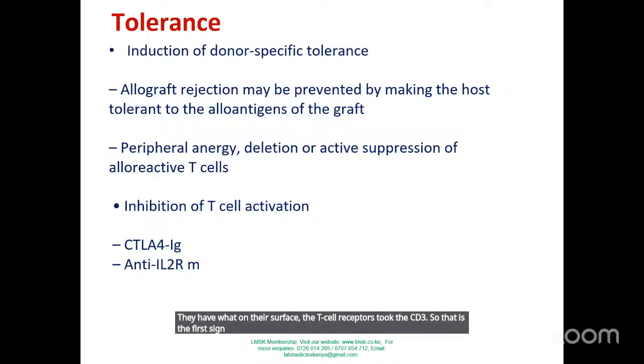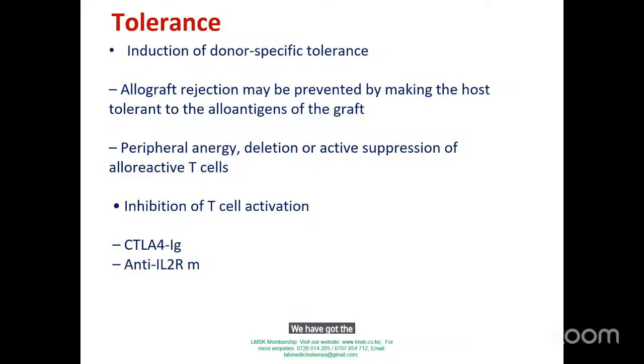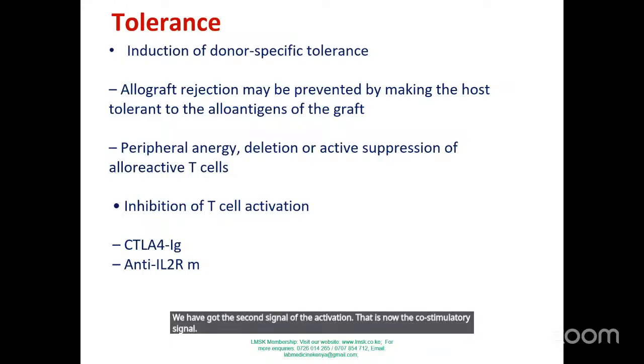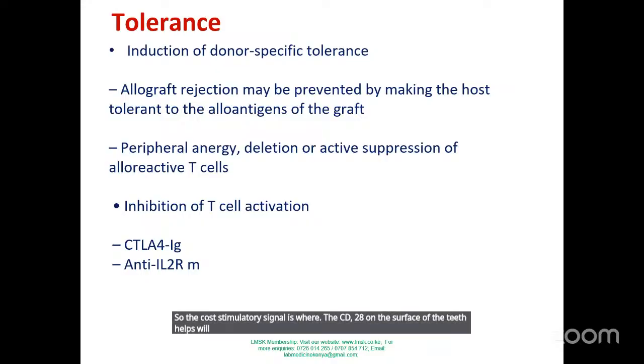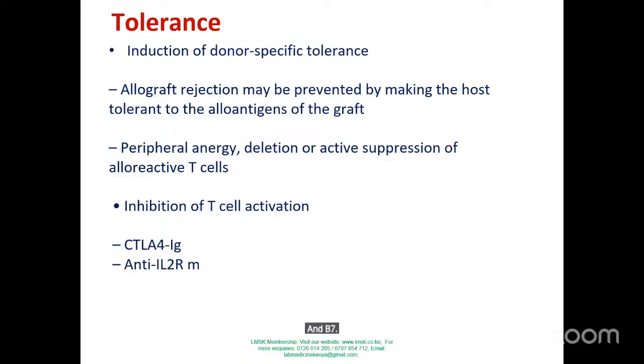Once that is done, we have the second signal of activation, the co-stimulatory signal. This is where CD28 on the surface of the T cells binds B7.1, that is CD80, and B7.2, that is CD86, on the surface of the antigen-presenting cells.